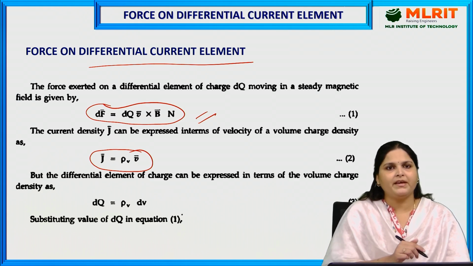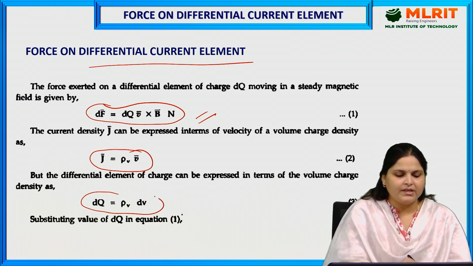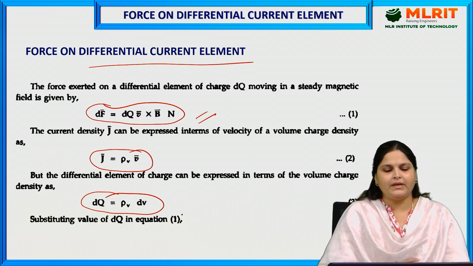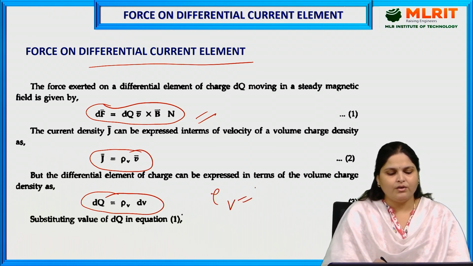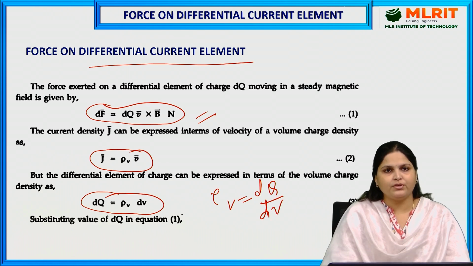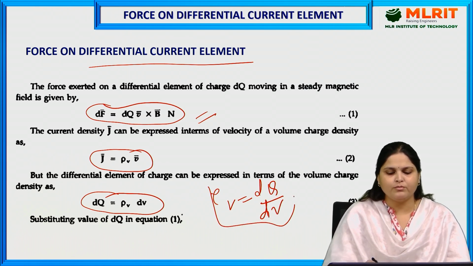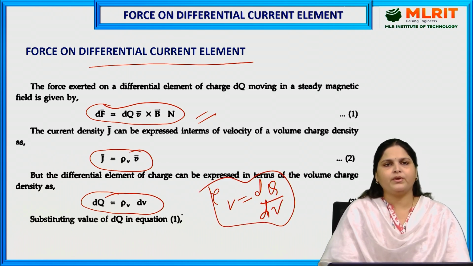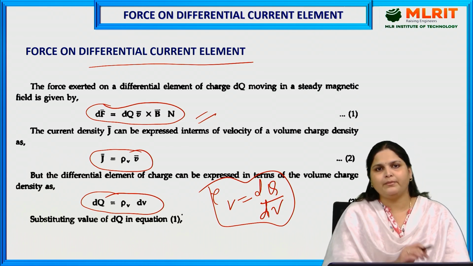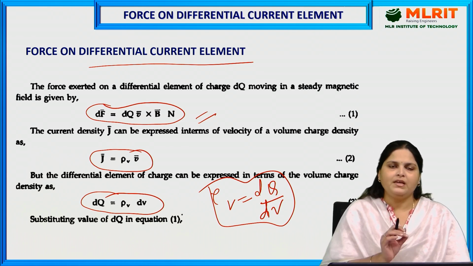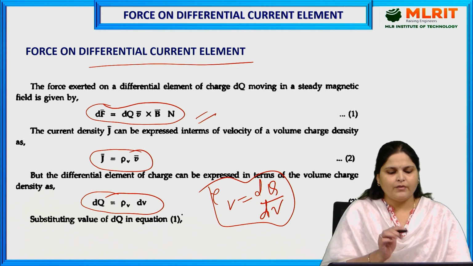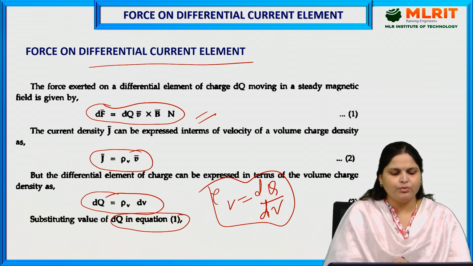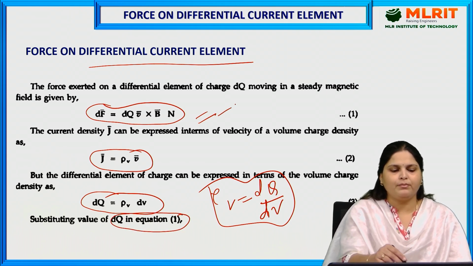How? Rho v equals dq upon dv, so this is charge per unit volume, the formula of volume charge density. From here we write dq equals rho v dv. Now we substitute dq into equation number 1.